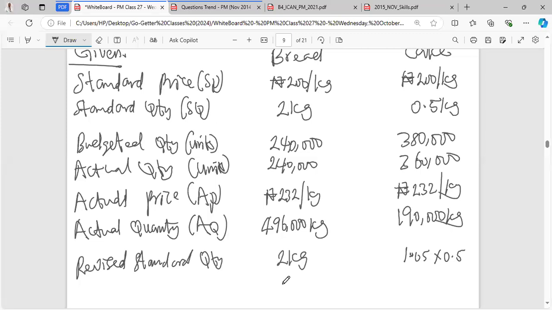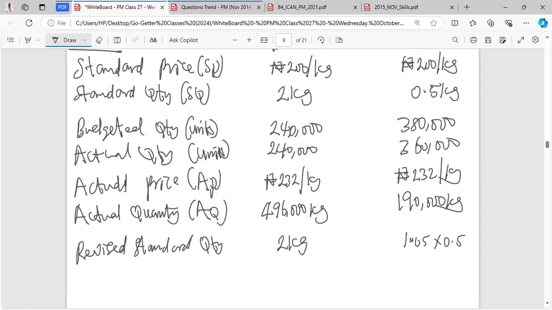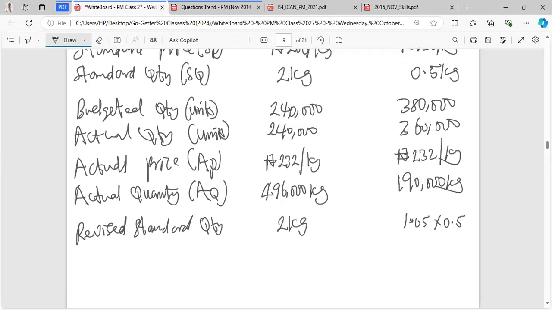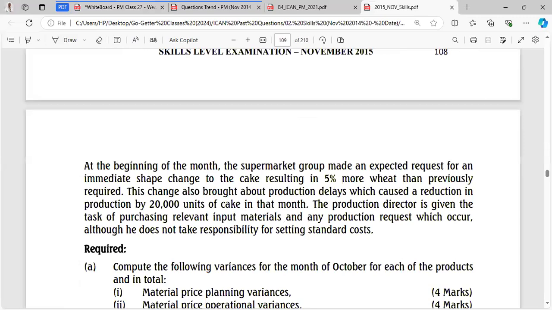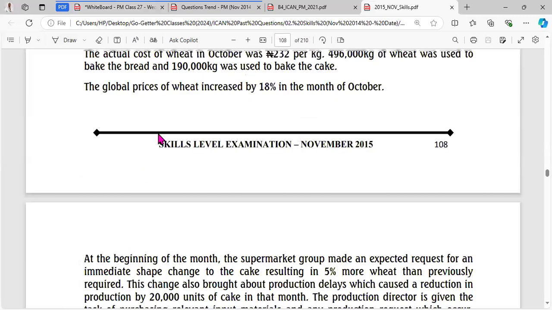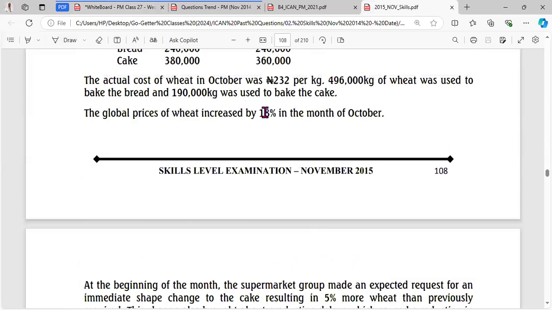Then revised standard price. We are told, I skipped it before, global prices of wheat increased by 18% in a month.